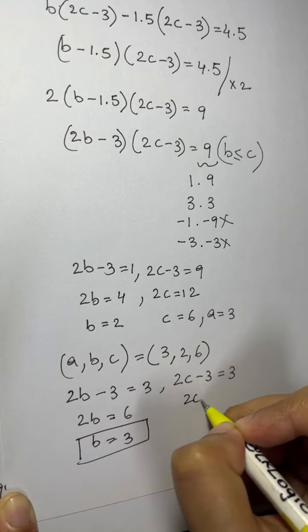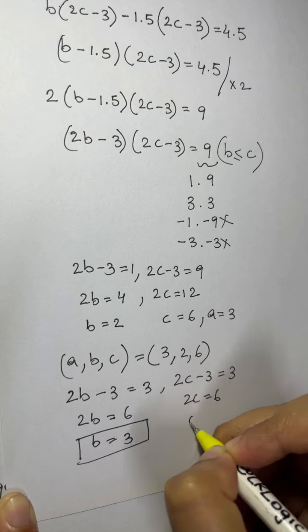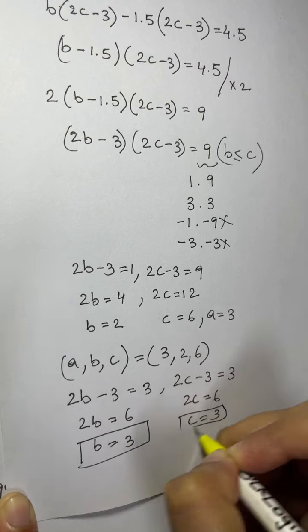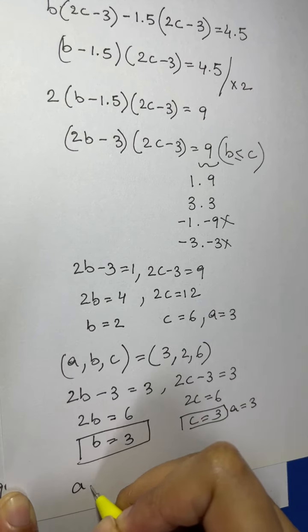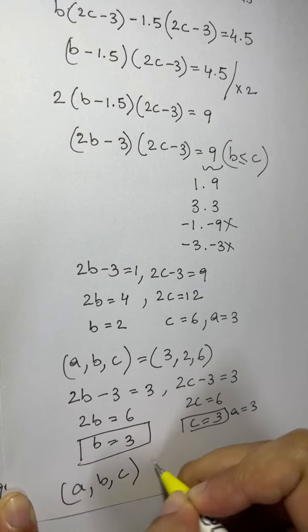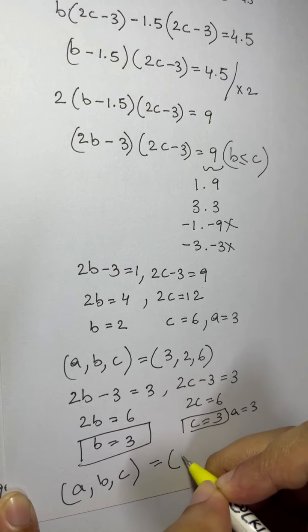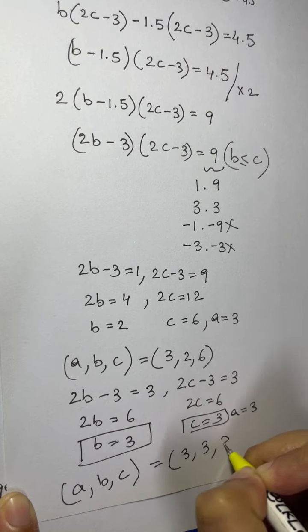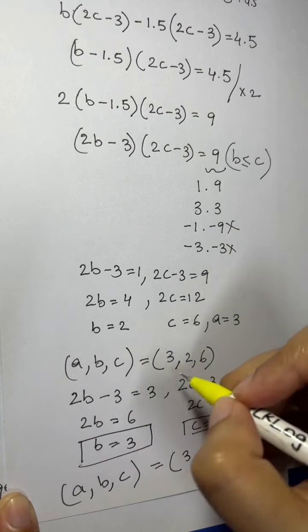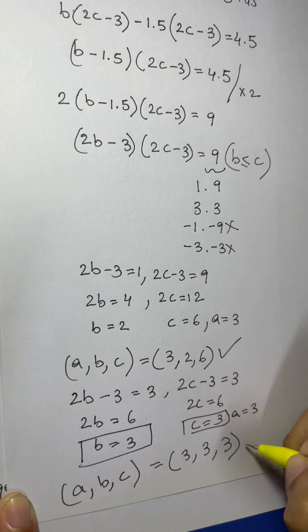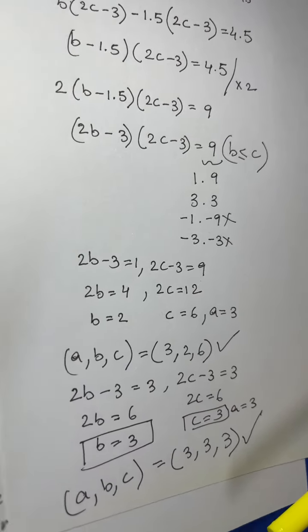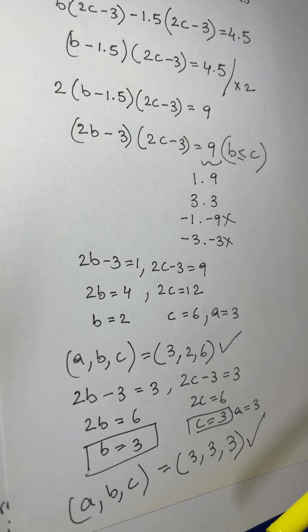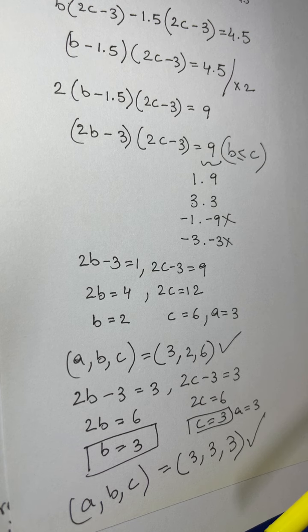And here 2C is equal to 3 plus 3, again 6, C is equal to 3 when A is equal to 3. So A, B and C is equal to 3, 3, 3. This is one value which you have got, and another value for A, B, C when the condition is A is equal to 3.